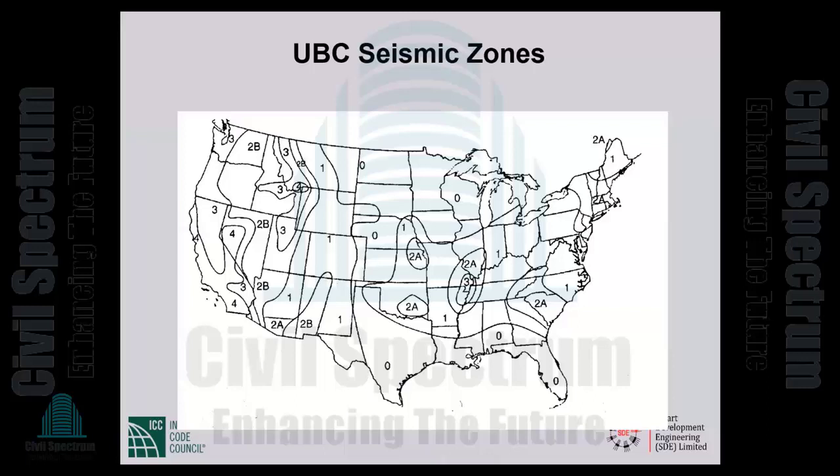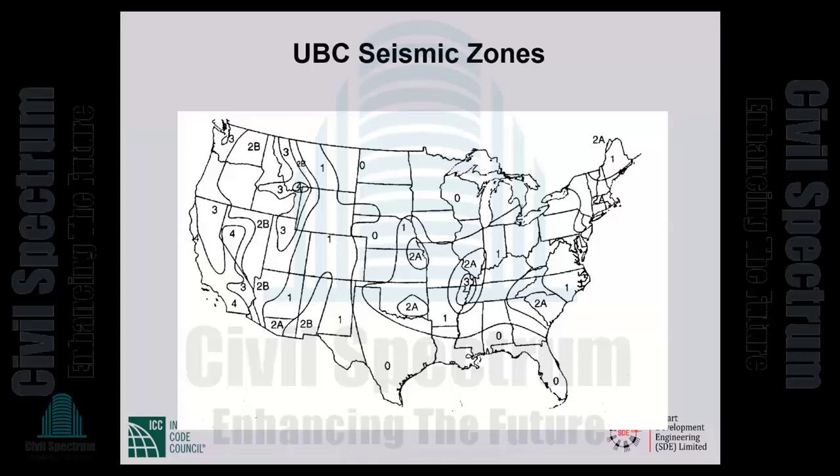The seismic hazard at the site of the structure, which is what the zone factor was about, but also the occupancy of the structure, whether it's a hospital or an office building now makes a difference. And very, very importantly, the soils at the site of the structure. That has a major impact on the seismic design category. So it's a combination of 3 things: the seismic hazard at the site, the occupancy of the structure, and the soil type at the site of the structure.